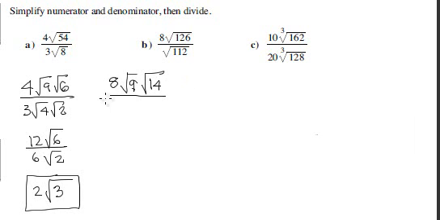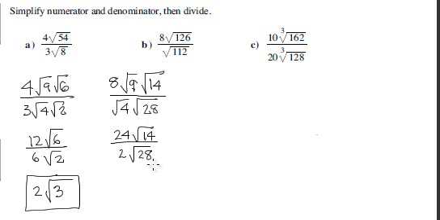Yeah, we'll take the 4 out. So root 112 is divisible by 4. 112 divided by 4 is 28. Okay, that's something. Root 9 is 3 times 8 is 24 root 14. Downstairs we have 2 root 28.